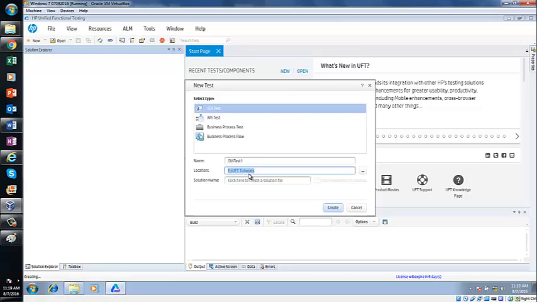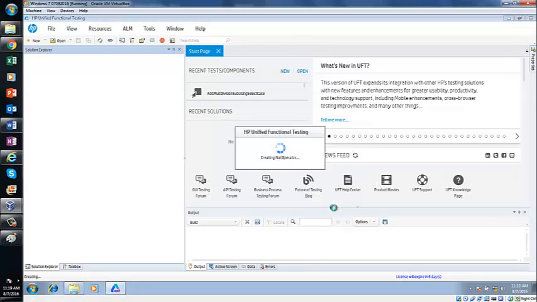If it is not in your preferred location, change the location by clicking here, and give your preferred name. We are practicing, let's say, the NOT operator.